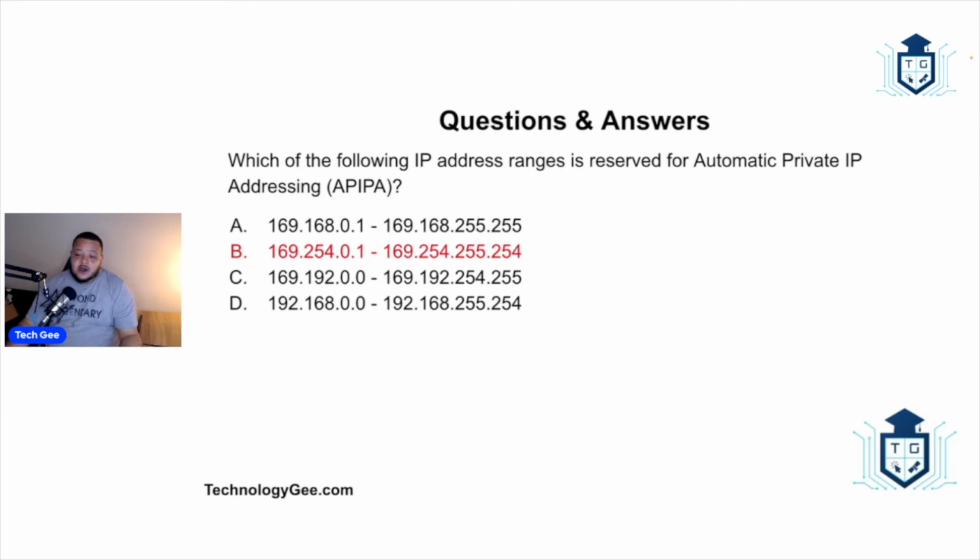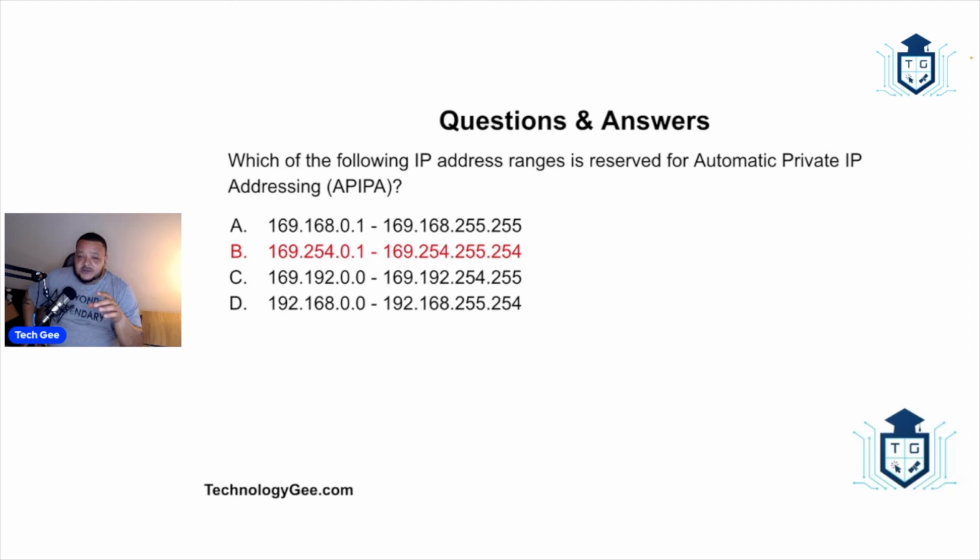Like I said, it's automatic private IP addressing. Basically, APIPA is when you have a device in your local network that can't make communications or establish some type of connection with the DHCP server, which is where it would get its IP address from. If your device can't get an IP address from the DHCP, it's going to assign itself an APIPA IP address, which ranges from what's highlighted on your screen.